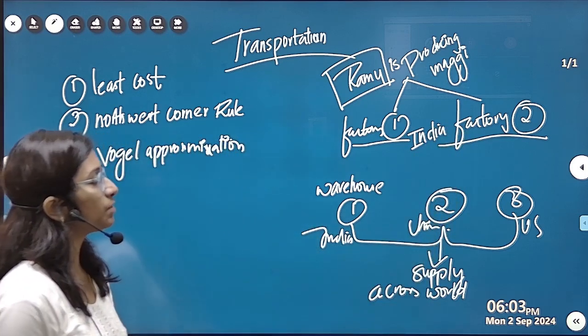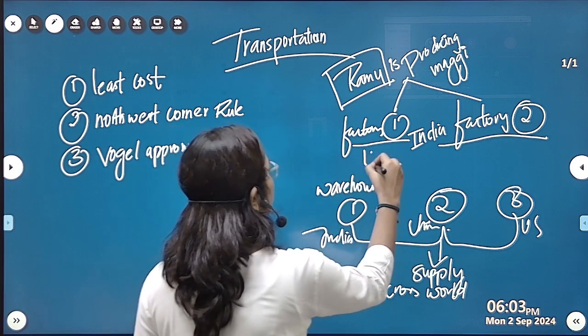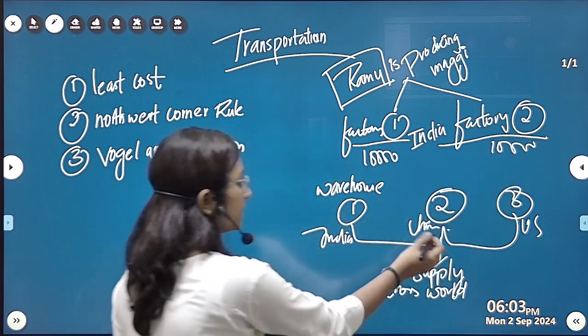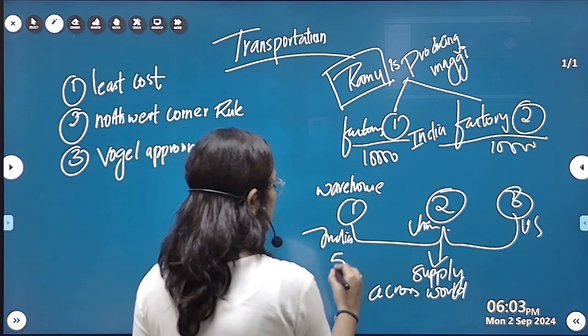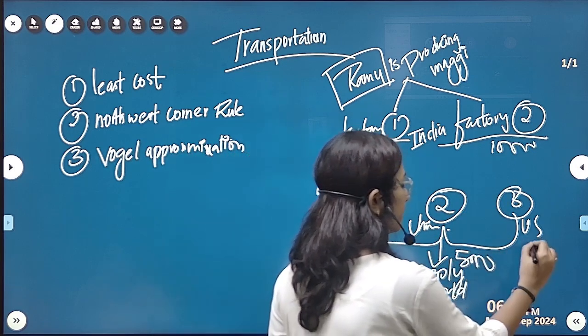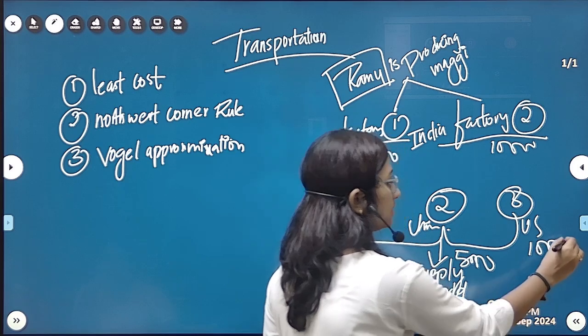The factory is producing, for example, 10,000 Maggi packets, and the warehouses have capacities of 5,000, 5,000 and 10,000.